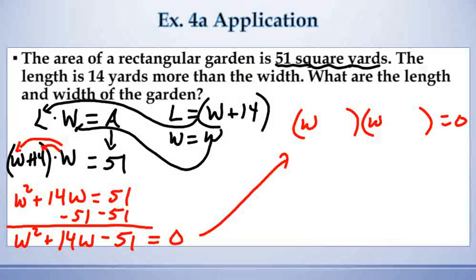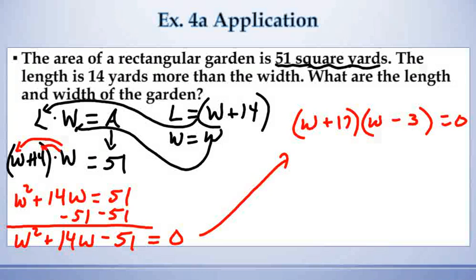Well, I know 17 times 3 gives me 51. So when you add those two numbers together, 17 and 3, they have to give me positive 14. So I know it's a positive 17 and a negative 3.